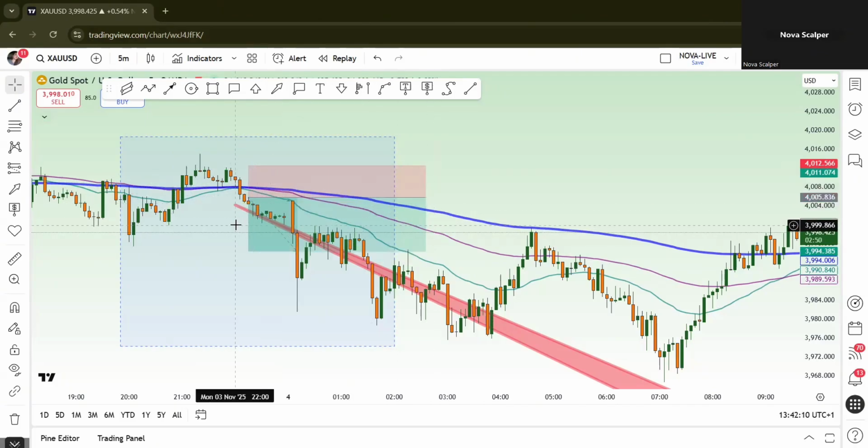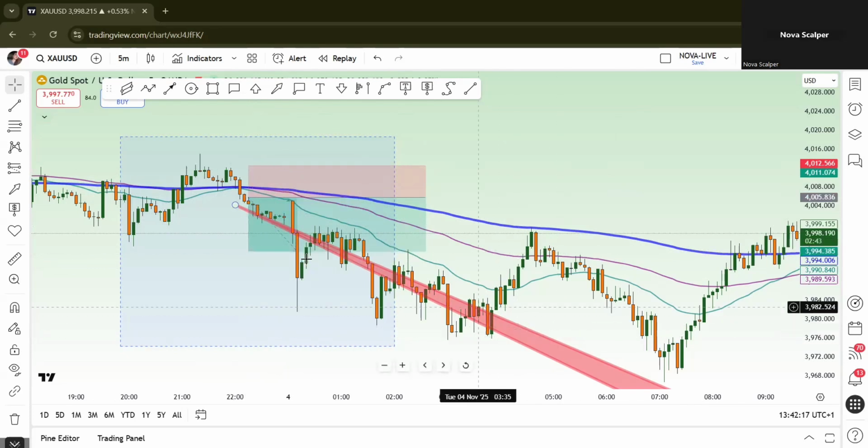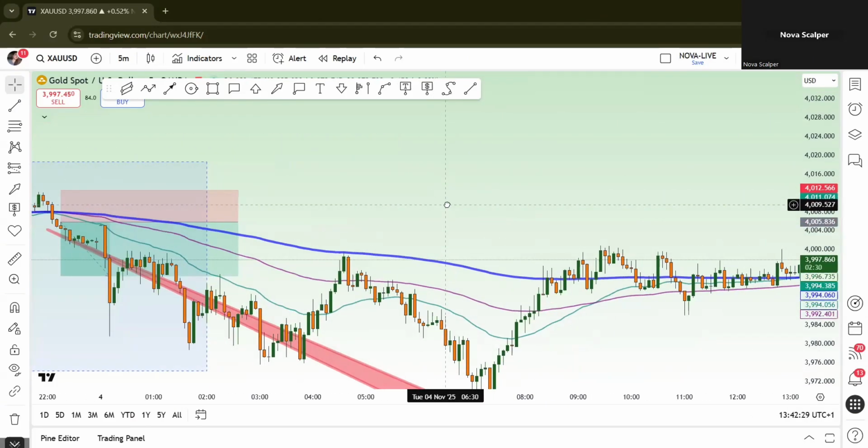And obviously, we can count on this signal we set up. If you see it clearly, it will bring you a lot of profit. Until now, it still did not hit your stop loss.